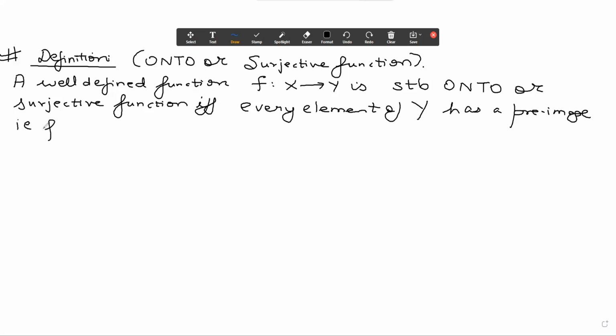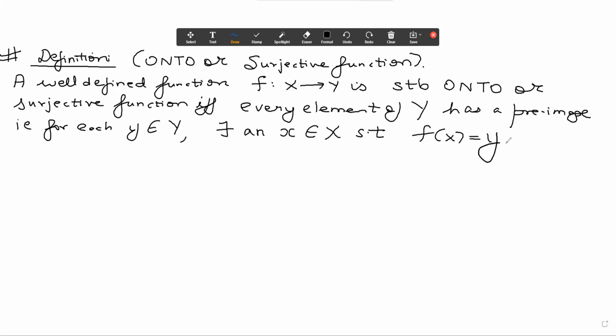That is, for each y belonging to capital Y, there exists a small x belonging to capital X such that f of x is equal to y.